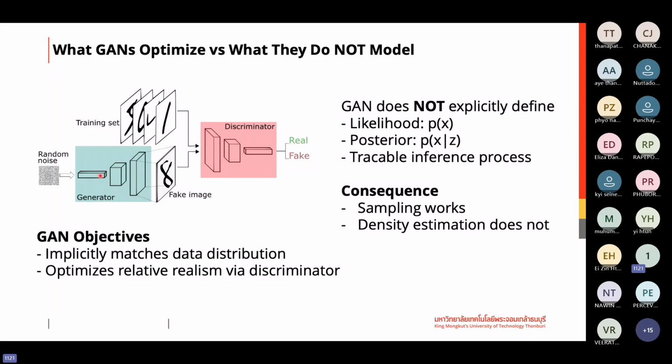Okay. The objective of GAN here, if you look at this type of game theory strategy, is to implicitly match the data distribution. So you have this data set. You're trying to make the generator imitate this data set by remembering how to convert random noise to fake data.